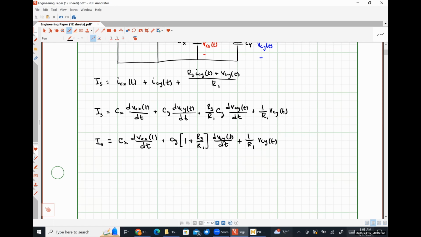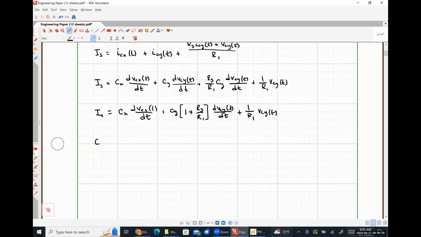And if memory serves me correctly, I reorganized this to say CX times dVCX by dt was equal to IS minus CY 1 plus R3 over R1 times the derivative of VCY plus 1 over R1 times VCY.